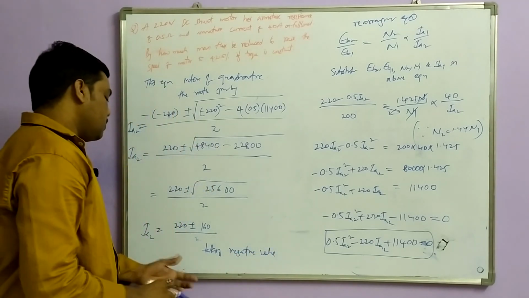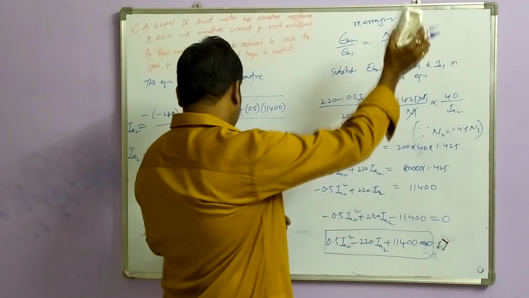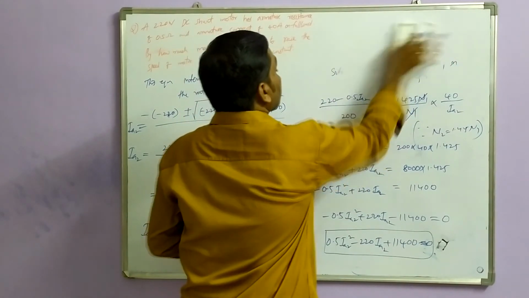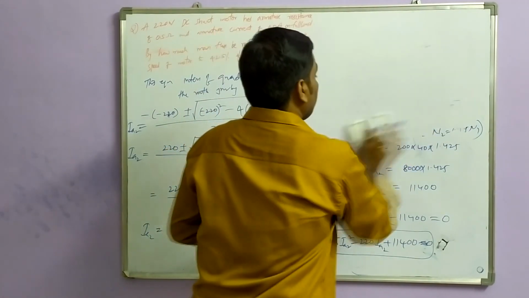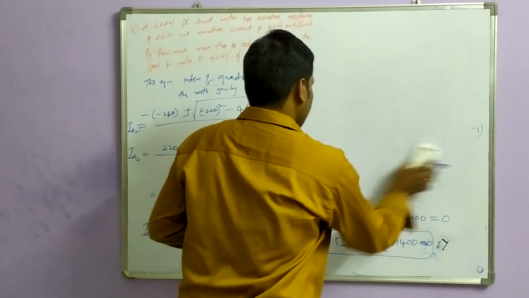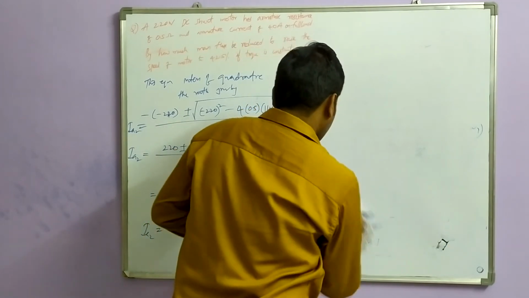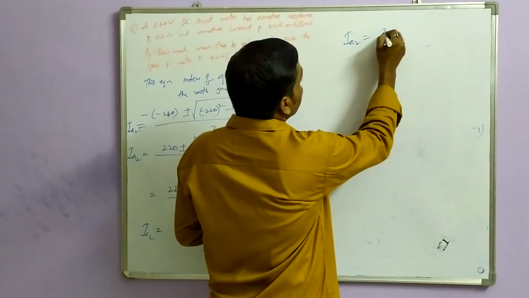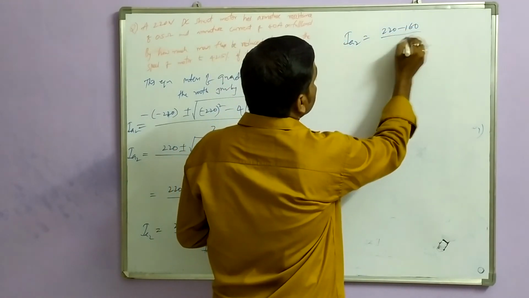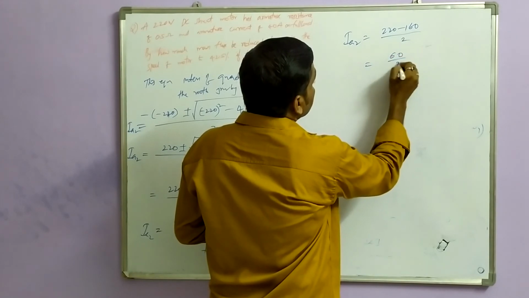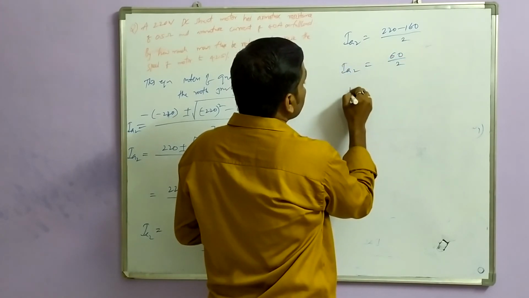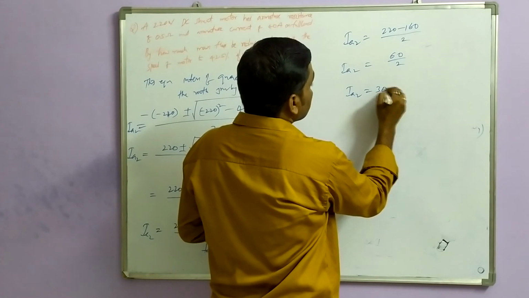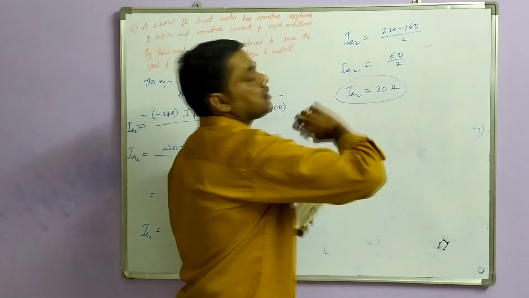Taking the negative value, IA2 is equal to 220 minus 160, divided by 2. That is 60 by 2, so IA2 is 30 amperes.